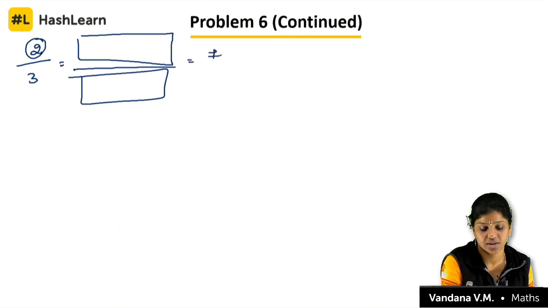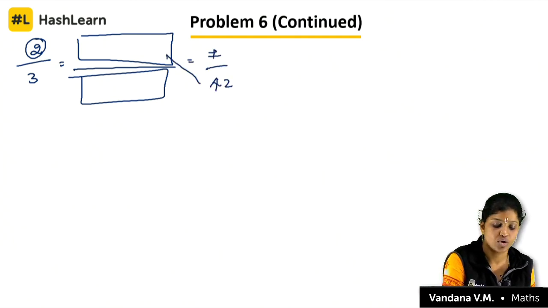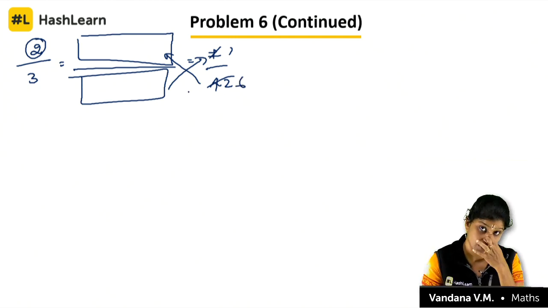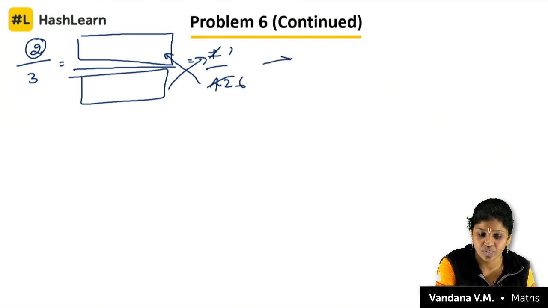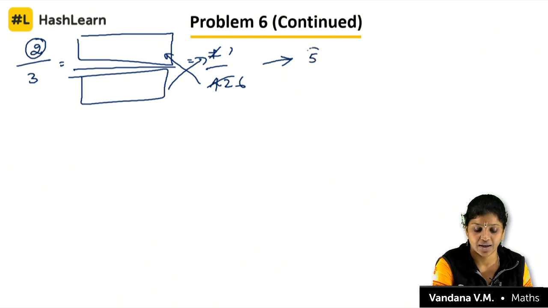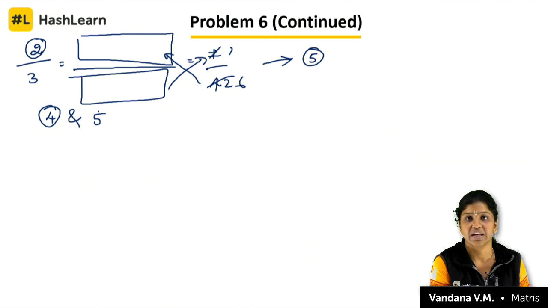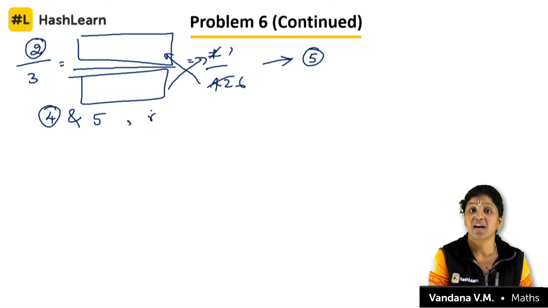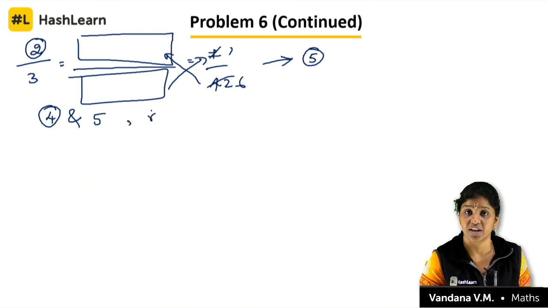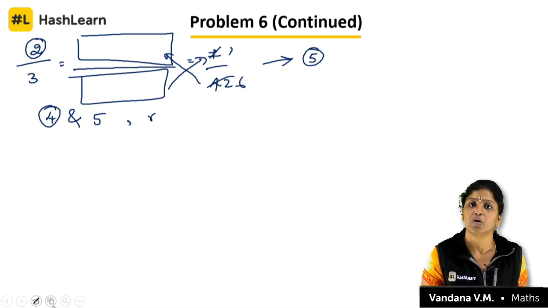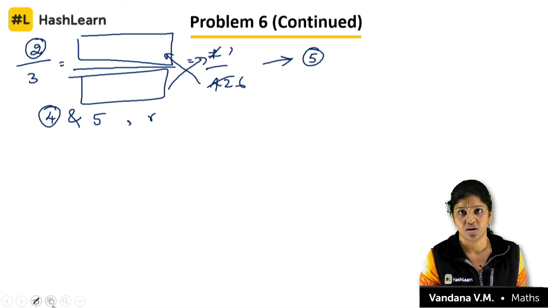The ratio is 7 by 42. Do the cross multiplication, 7 ones are 7, 7 sixes are 42, and then do the cross multiplication. You will get one equation over here and take that as 5. If you solve 4 and 5, we will get the r value. And then substitute that r value in the given equation, we will get n. So obviously 100% it will take more than 3 to 4 minutes, however fast you are. If you don't know the shortcut, you cannot do this problem.